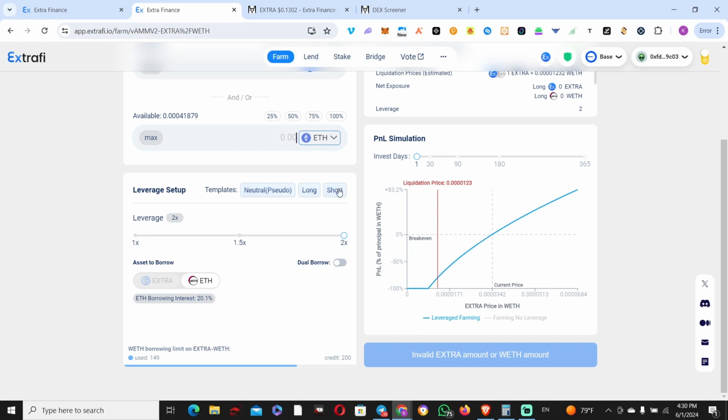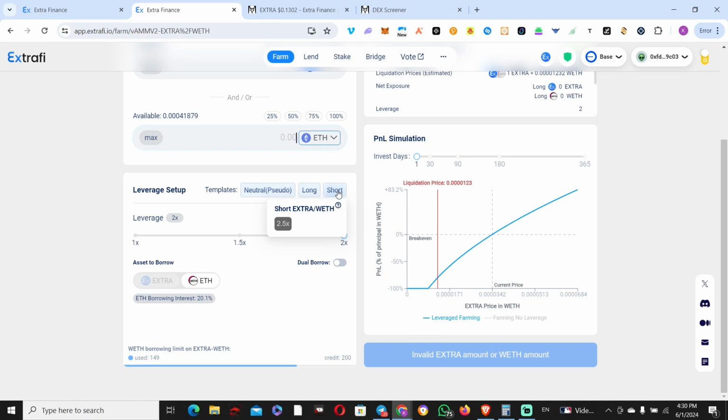So I'm betting on the price going up, right? I cannot short, unfortunately, because to short you would need to borrow extra tokens, not ETH tokens. Remember, long, extra is stronger versus ETH, means you need ETH. Short means ETH is stronger versus extra, meaning you need to have extra tokens to borrow on the other end.